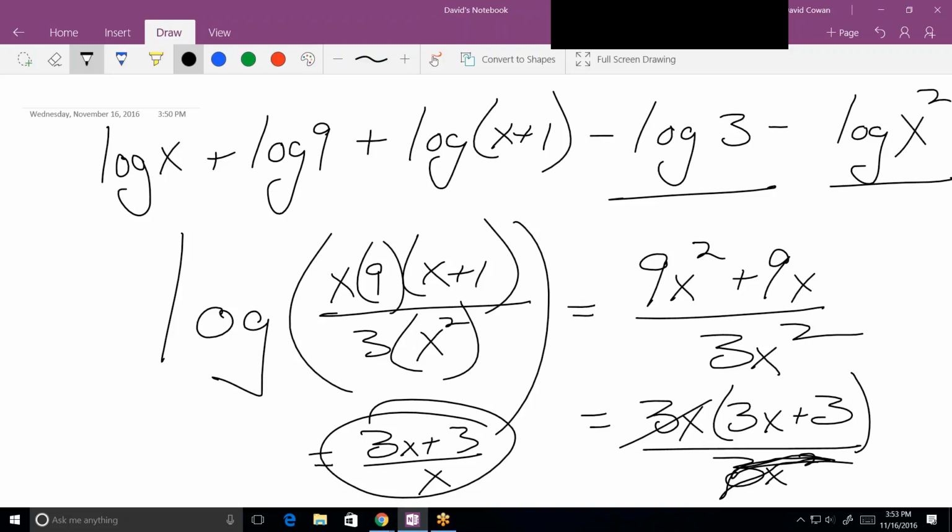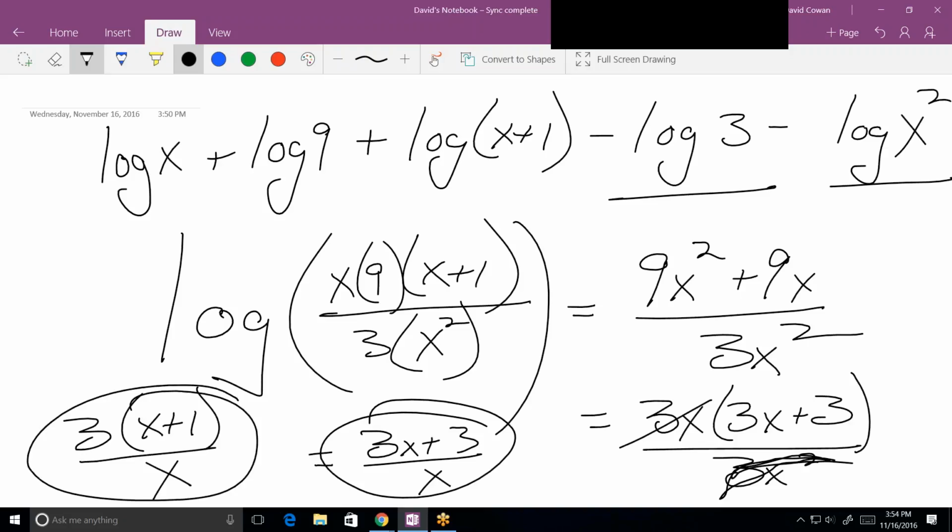Okay. Now, whether you want to factor out the 3 from the numerator or not, I don't think that's important, whether you do or not. Right. The thing is to simplify it, and I've simplified it as much as I can simplify it. I could factor this out so that it's 3 times x plus 1 all over x, but that's not really a simplification. That's just factored. Right. The only time you absolutely have to factor is if you can simplify it.